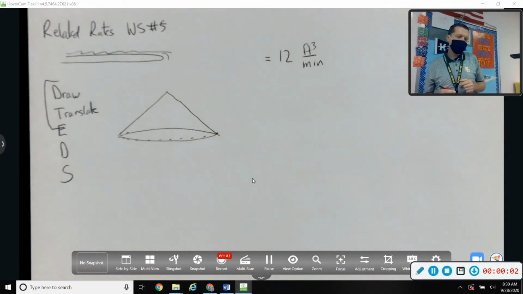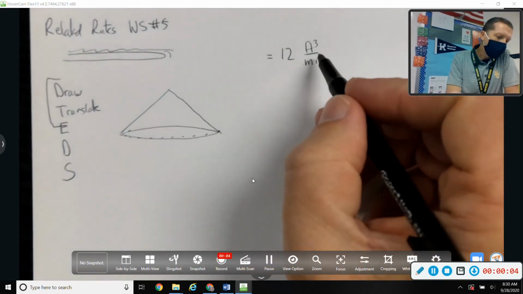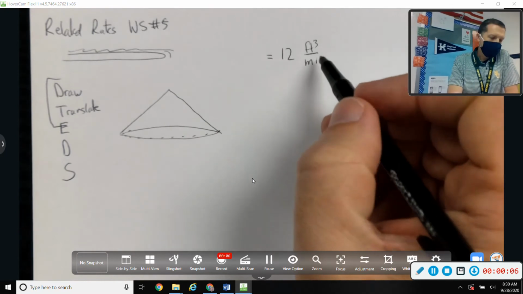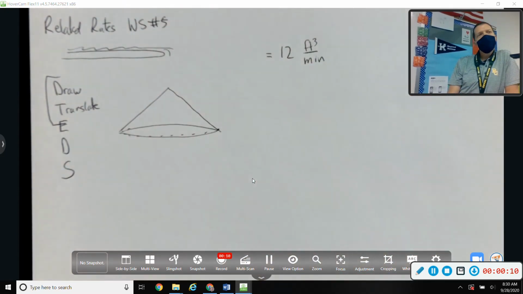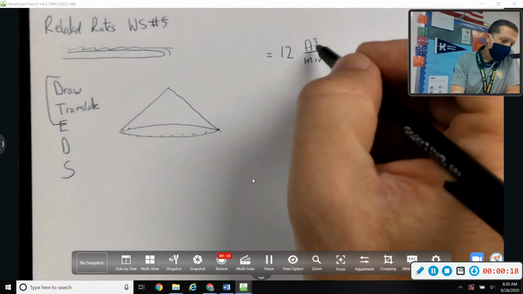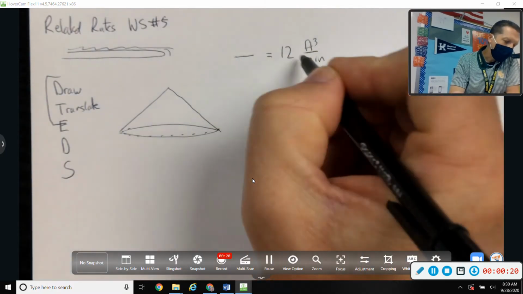So number 5, got the picture started, 12 feet cubed per minute. So what is that in terms of the variables of this problem? Nobody wants to talk. Well, we know it's a rate, so it's a derivative.